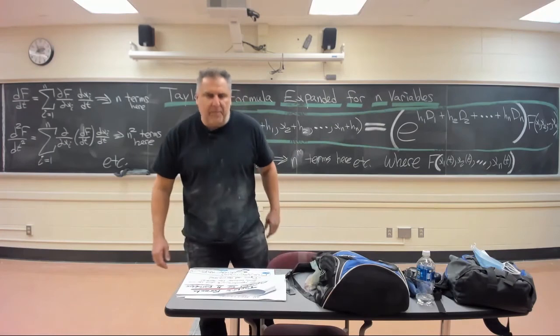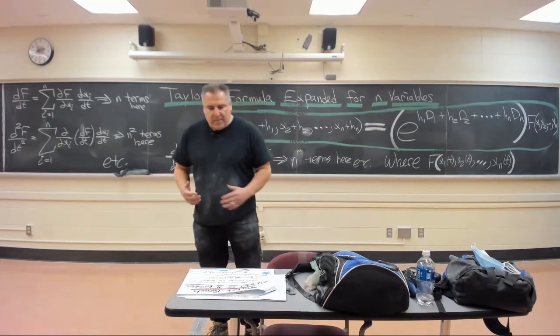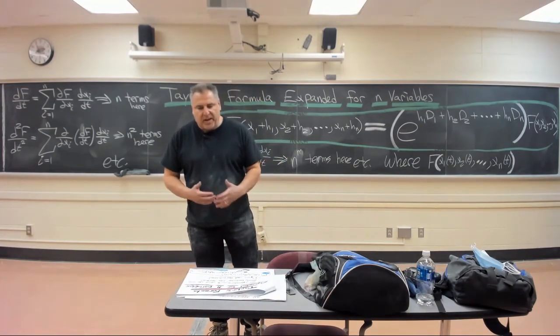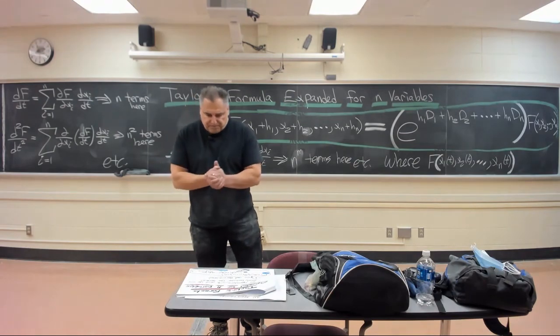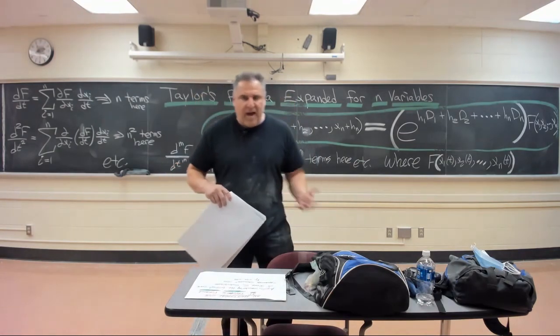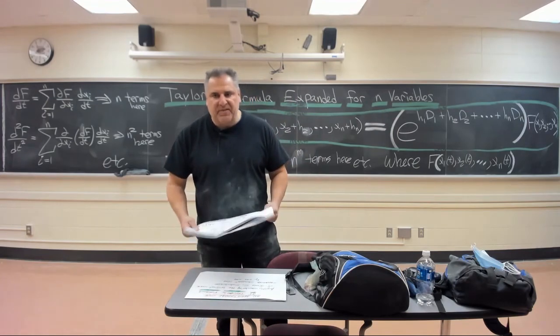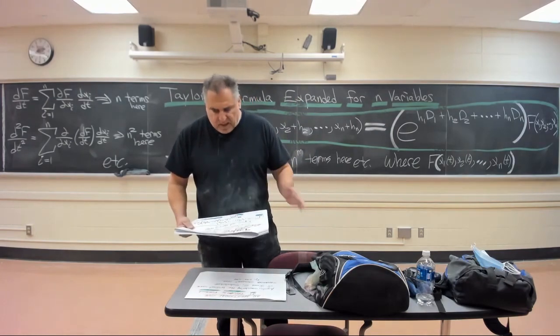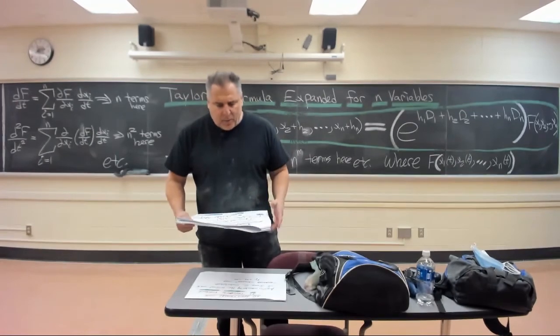So given some of the time considerations that we have, let me tell you, basically we're talking about Taylor's formula expanded for n variables. Those of you who have me as a teacher right now know that I have this on Canvas. Finding it is not really difficult.